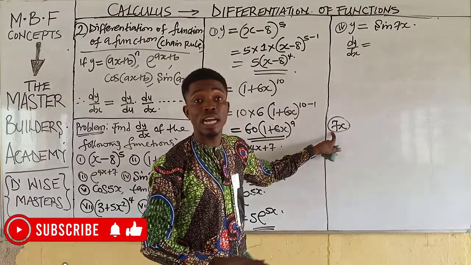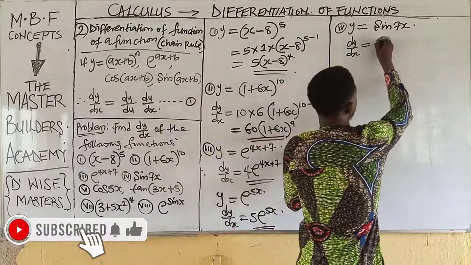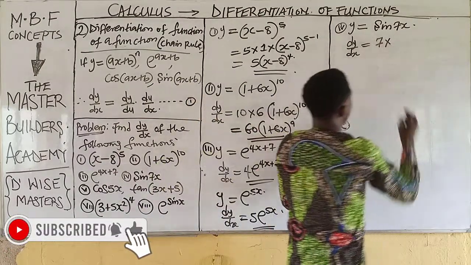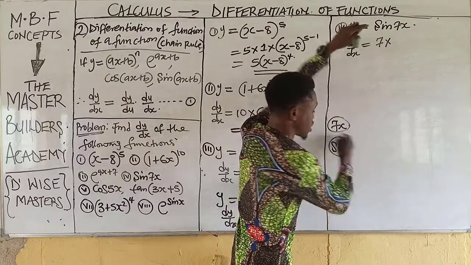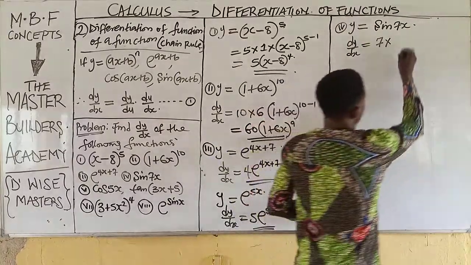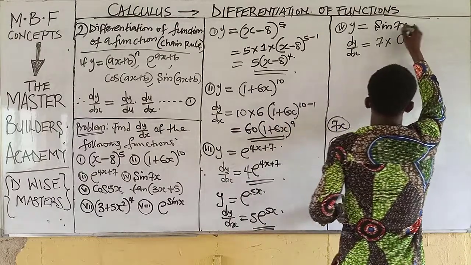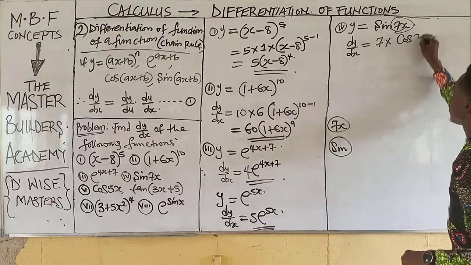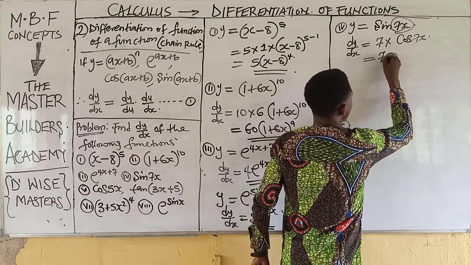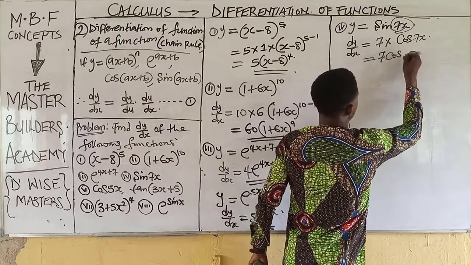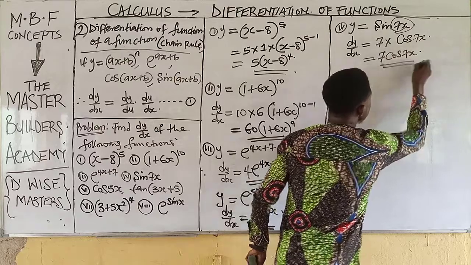So, differentiate 7x. What do you have? You have 7. Put down the 7. Multiply by the derivative of sine, which is cos. Then the angle remains the same, which is 7x. Now, when I multiply this, you have 7 cos 7x. This is the answer to this question.